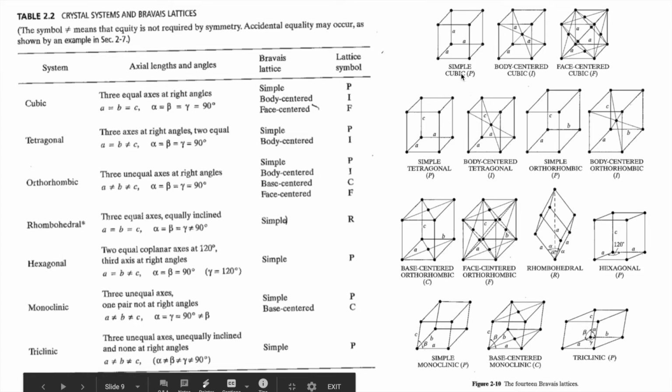So we've taken the shape, cubic, tetragonal, orthorhombic, and so forth, and we've added points onto them in different arrangements, but there is only 14 unique. So what that means is that if I can think of a different one, right? So let's say I can think of tetragonal, but it has an arrangement of what we would call face-centered.